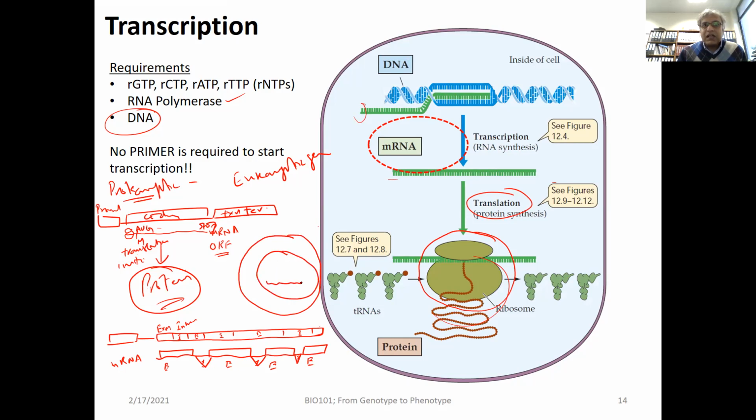Now we have a messenger RNA which contains exons, introns, exon, and there is a step between transcription and translation. That step in eukaryotes is called RNA splicing. What is going to happen? There are specialized proteins which are going to remove these sequences.